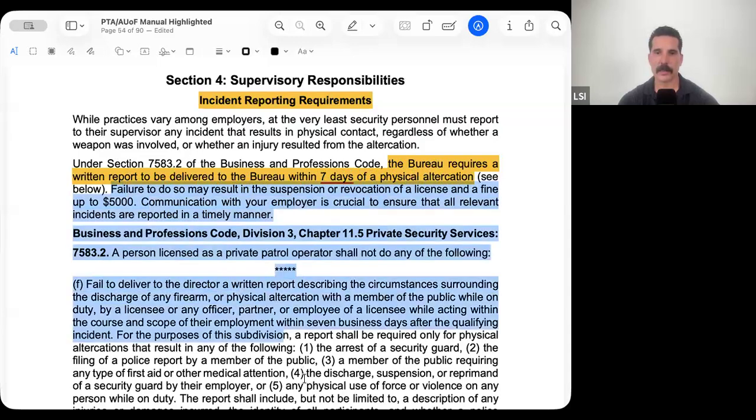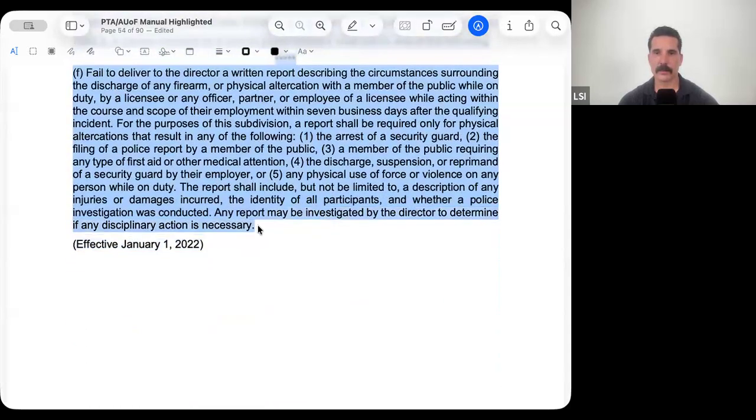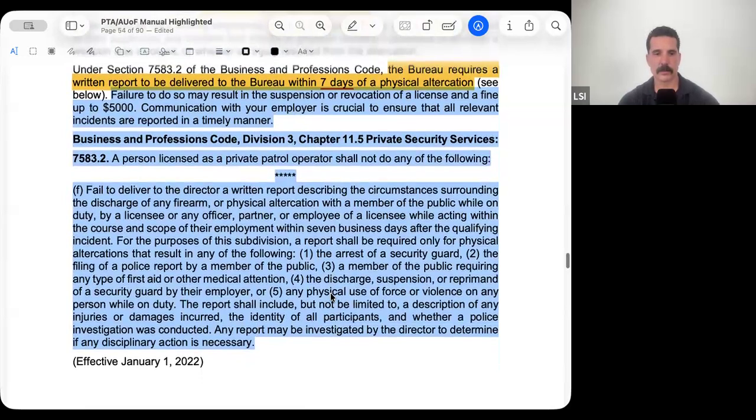All right, and then it continues. Failure to do so may result in the suspension or revocation of a license and a fine up to $5,000. Communication with your employer is crucial to ensure that all relevant incidents are reported in a timely manner.